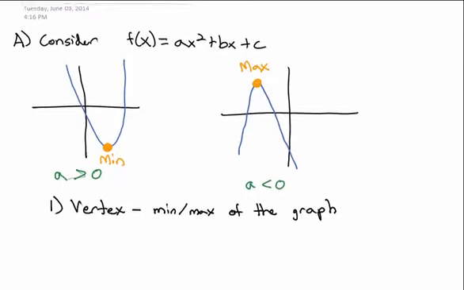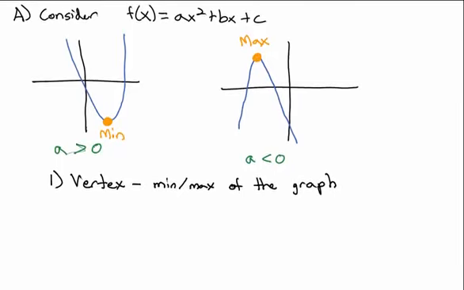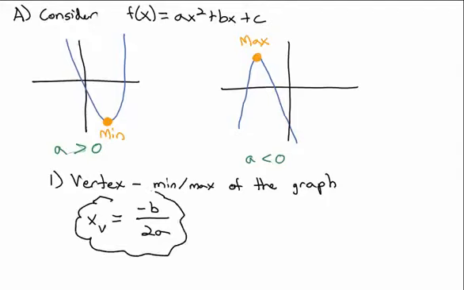And the way we can find this min or max is quite directly using the formula that the x-coordinate of the vertex is equal to the opposite of b over 2a. Notice it's the quadratic formula without the square root part. The opposite of b over 2a will tell us the vertex, or at least the x-coordinate of the vertex.